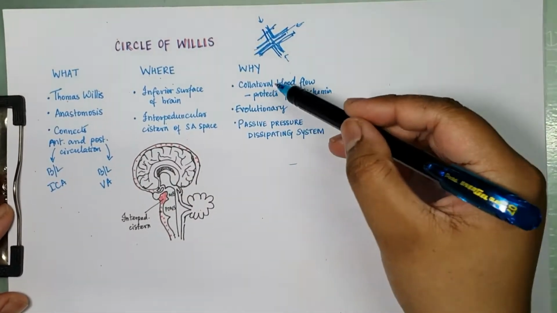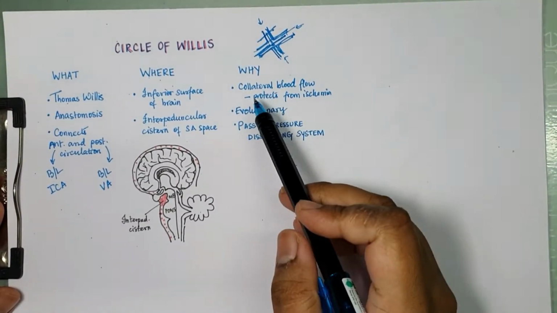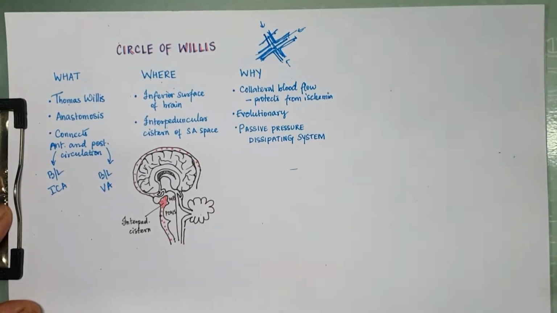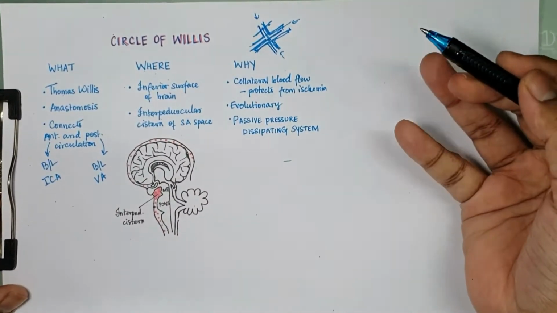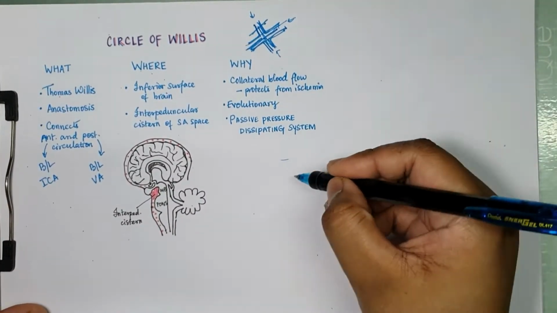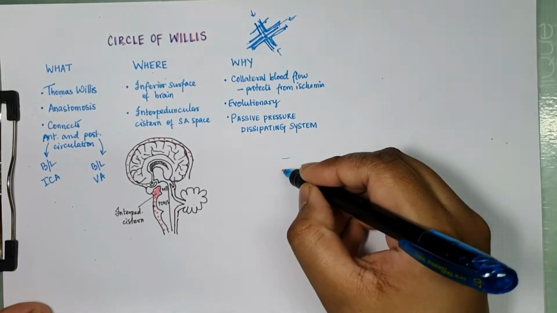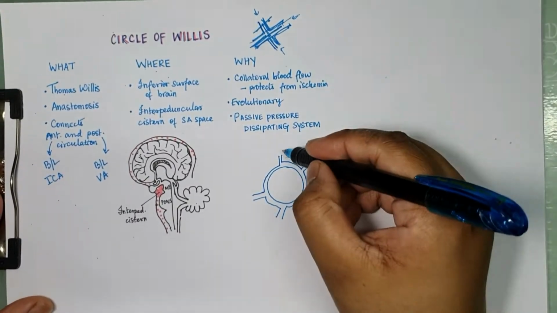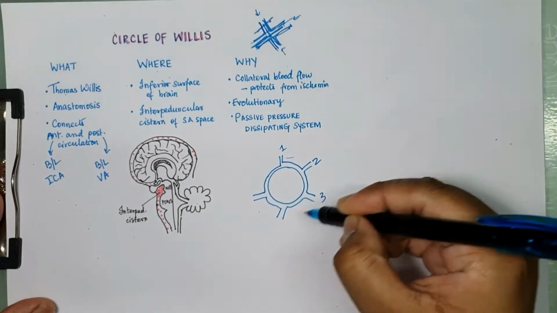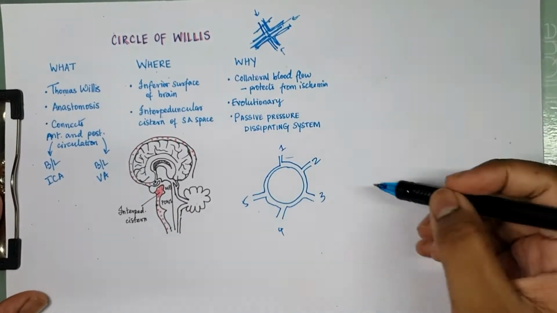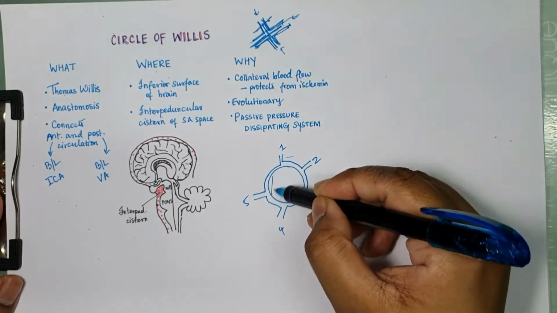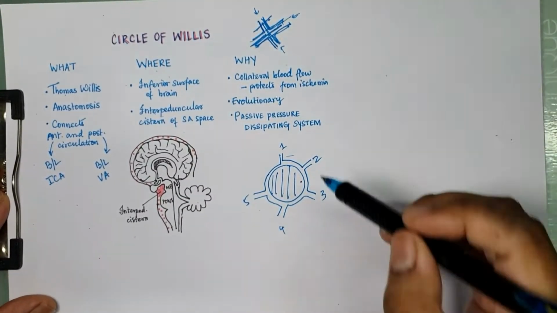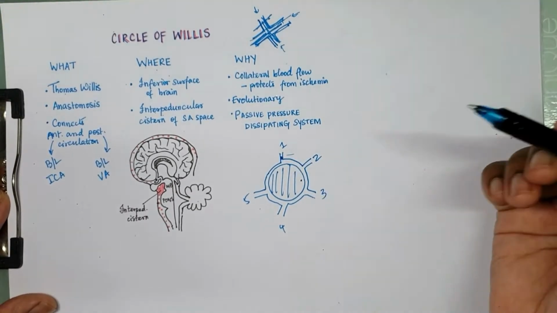So why do we need the circle of Willis? What purpose does it serve? As I mentioned before, it's an anastomosis. What do anastomoses do? They are a connection. Say this is an anastomosis. This is vessel 1, 2, 3, 4 and 5. So this area is being supplied by 5 vessels. Now supposing there's a block in vessel 1.